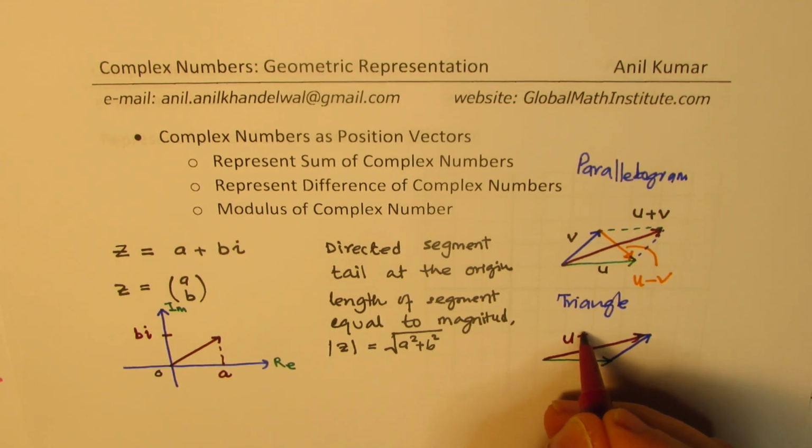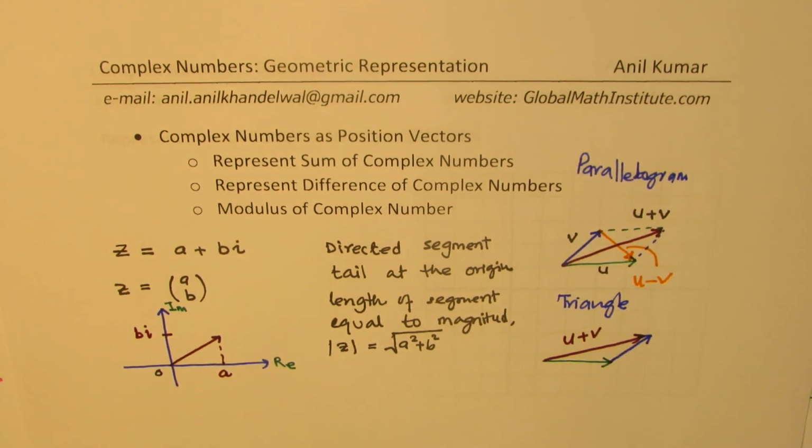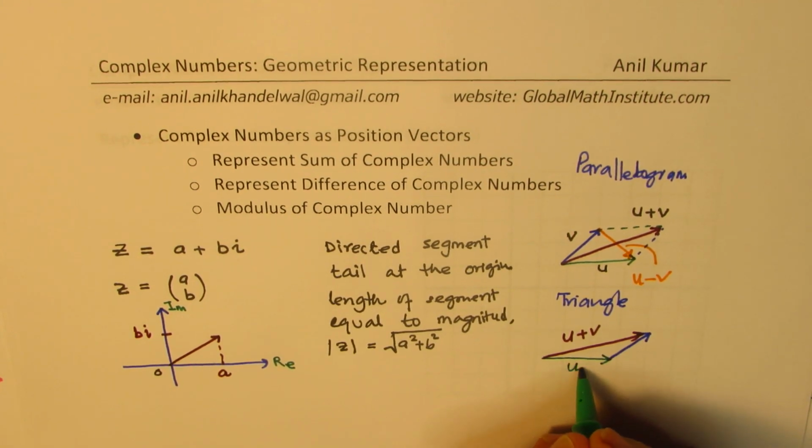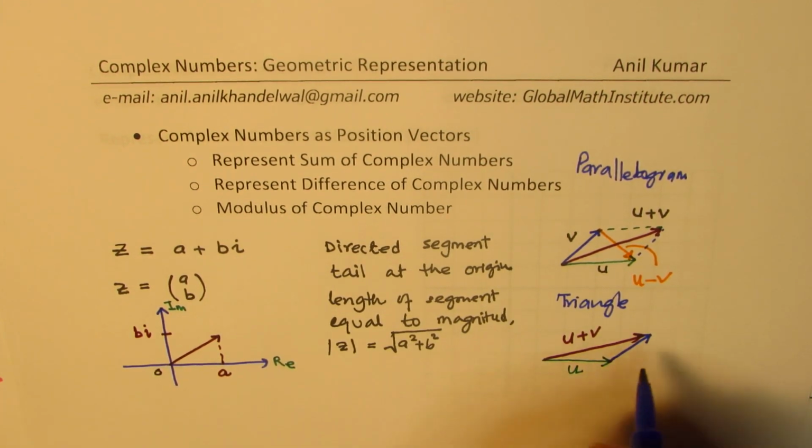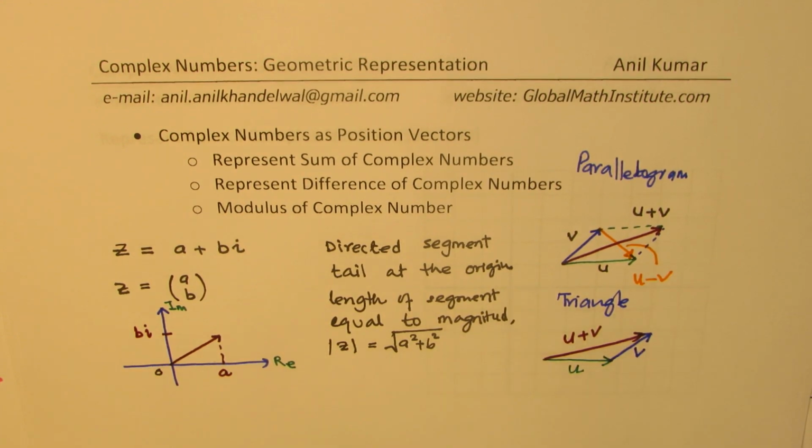So that becomes u plus v, right? If this is your vector u and the other vector is v. So we'll now understand in detail what we just talked about.